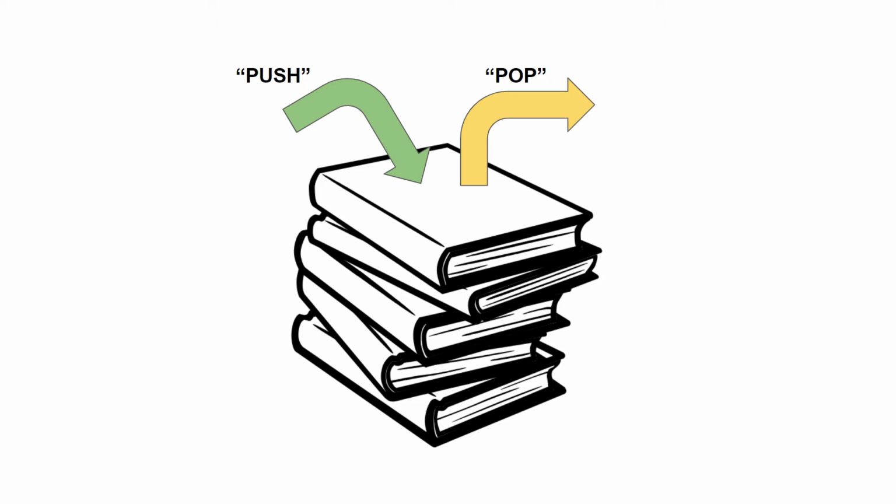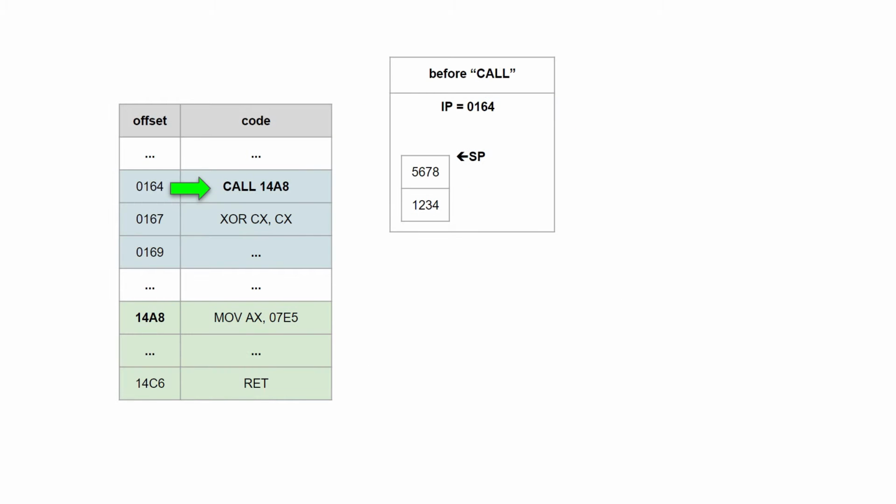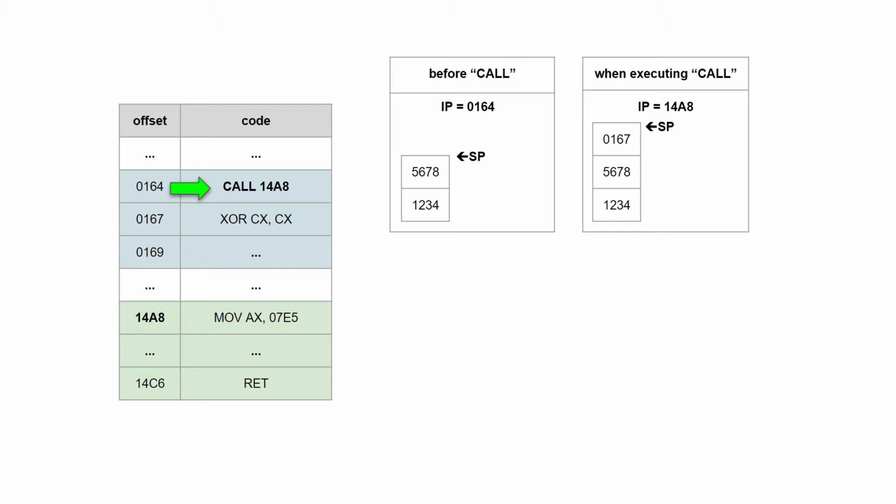The CPU uses the stack to save the return address where it needs to come back after jumping to a subroutine or a function. The 8086 has the call instruction, which does exactly that. It jumps over to the specified address of a function, but first it saves its current IP register's value in pair with the CS for the far call on the stack.